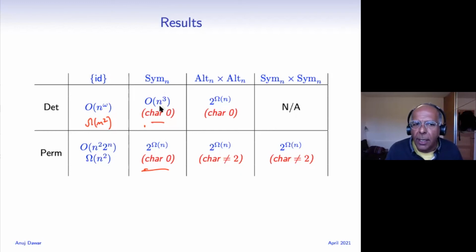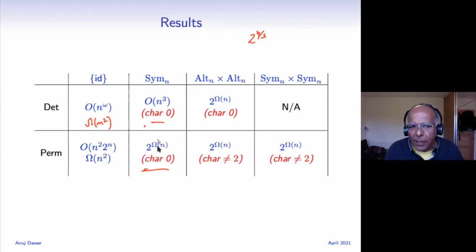Roughly speaking, the method we have, which is based on these Weisweiler-Lehmann things, gives you exponential lower bounds. And you can imagine proving a lower bound like n cubed by giving a reduction from, let's say, permanent to determinant, which is of something like order 2 to the n over 3, which means if you could do this in better than n cubed, you would have something better than 2 to the n.